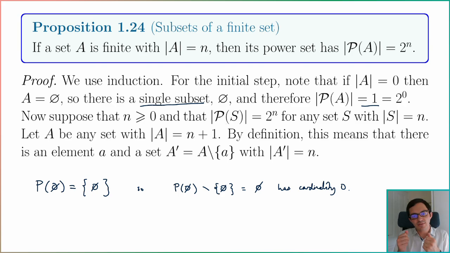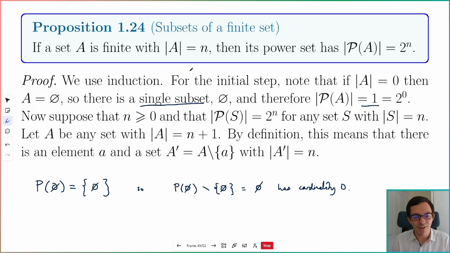So my statement here for induction is about all of the sets of size n, not just a particular set of size n. That's important. I should maybe have made that clearer at the start.